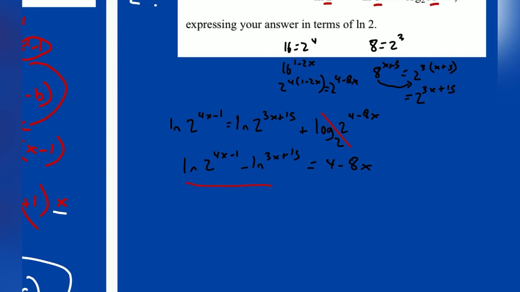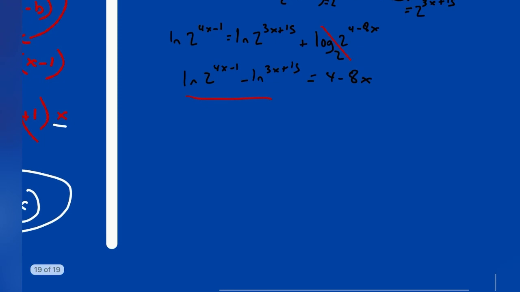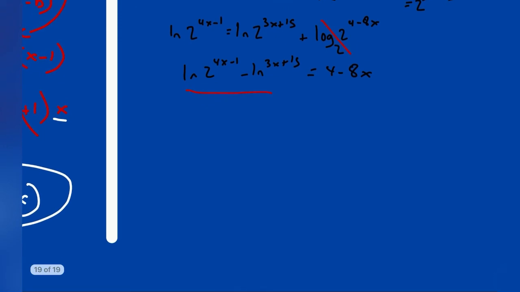Now this is referring to the rule of normal subtraction, because the base is the same, as ln is the same as log e. We can subtract them normally, as we would. So we get ln of 2 to the power of 4x minus 1 over 2 to the power of 3x plus 15, and this is equal to 4 minus 8x.